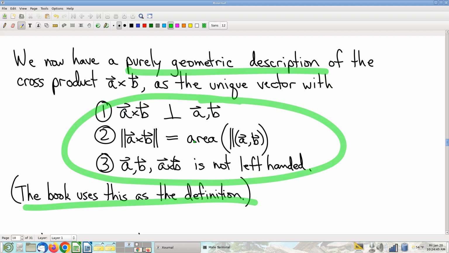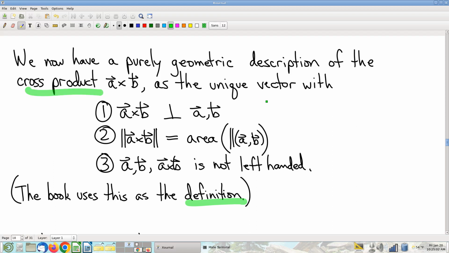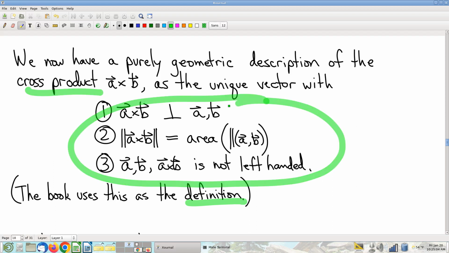And the reasons I don't do that are, for one thing, it's harder. And if you don't believe me, look at the book and look at all the nasty algebra they have to do in there. I think it's quite a bit harder to do it that way. The other reason is if you define the cross product as this, it leaves you asking, why would I define this thing, right? In other words, to me, for my intuition, it's not intuitively satisfying. Of course I should have a name for this thing because look how natural that is.